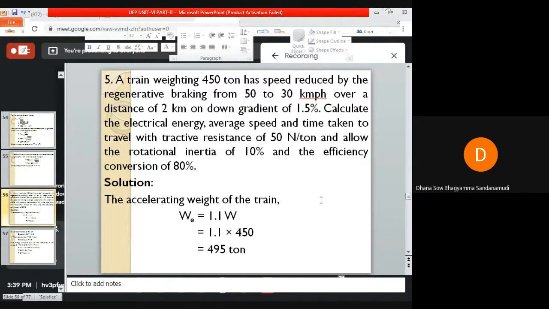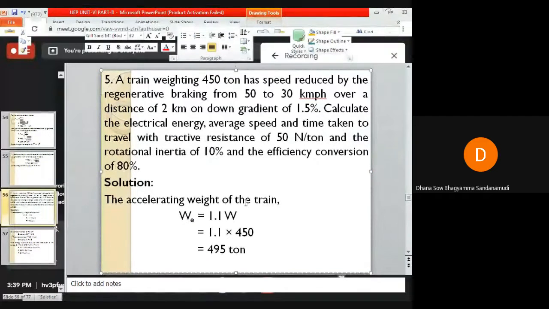You have to calculate the electrical energy, average speed, and time taken to travel these 2 kilometers, with a tractive resistance of 50 newtons per ton, and allow a rotational inertia of 10% and an efficiency of conversion of 80%.